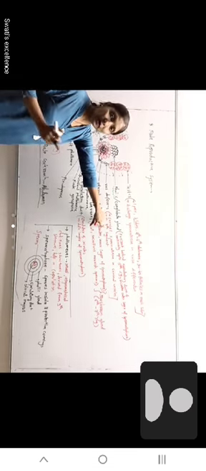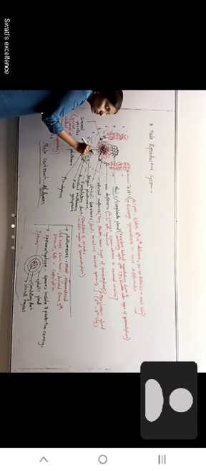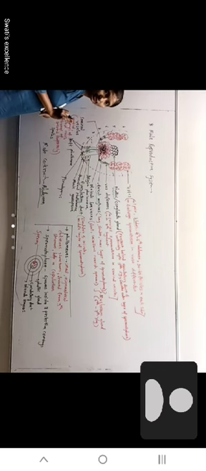Okay, any doubt? And the vas deferens opens into ejaculatory duct. You can see this big green duct. This ejaculatory duct opens through the 7th abdominal segment. Right?